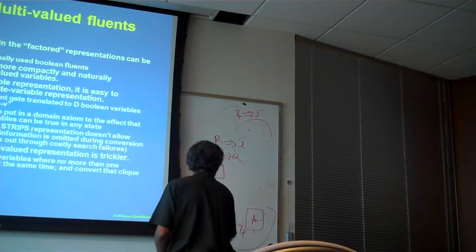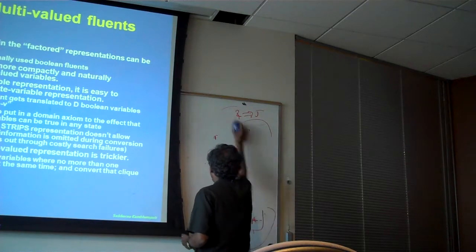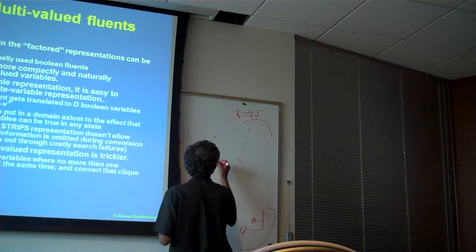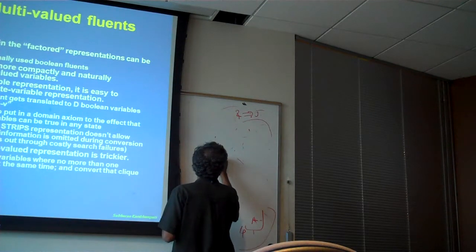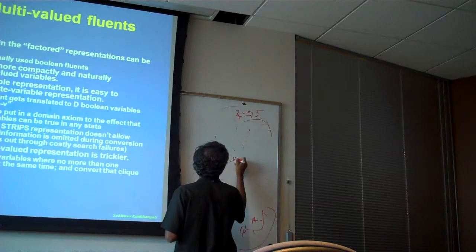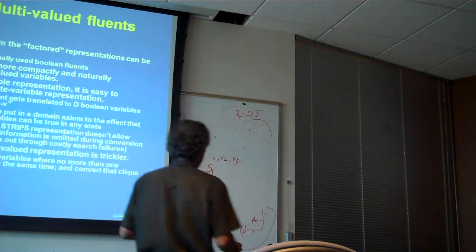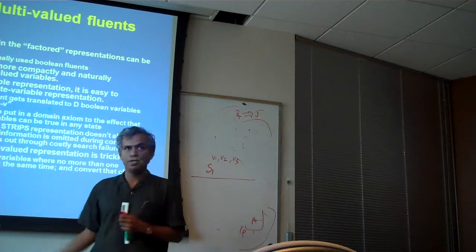So suppose I have a state variable S1, which can be either V1, V2, or V3. So then what do I do? To convert this into Boolean state variables, what do I do?